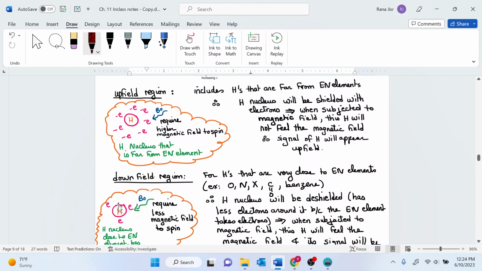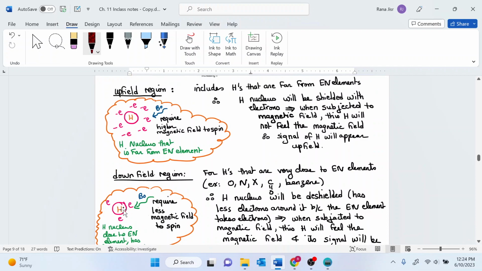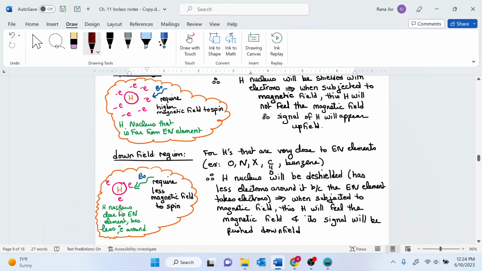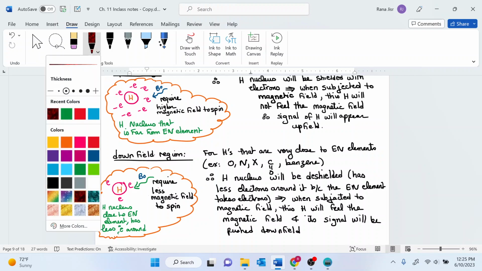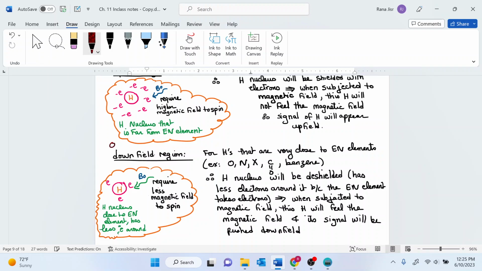Now, let's say, for example, you have your hydrogen next to an electronegative element, next to a chlorine, a bromine, an oxygen. We know that all of these are electronegative elements, and the role of the electronegative element is to take electrons away. So it's going to pull electrons. Let's say I have an oxygen next to a hydrogen, okay?